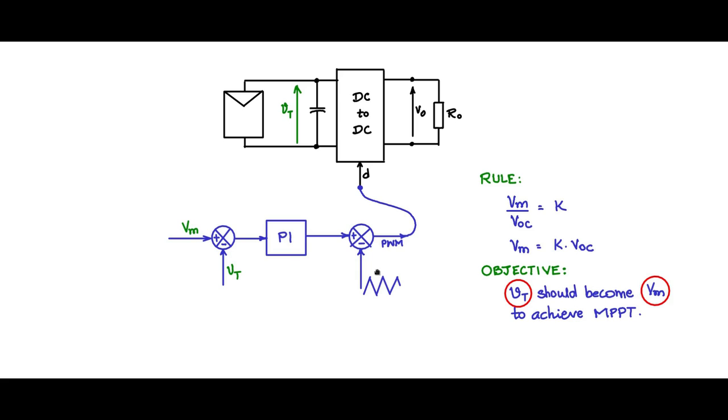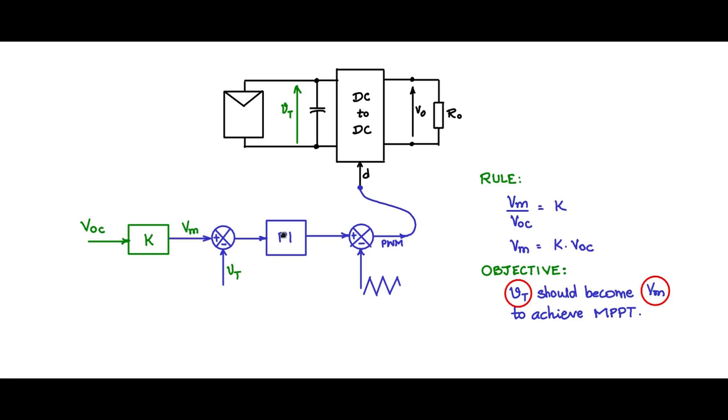We know how to get Vm because we know this rule. So we will add a block, let us say that is K, and then we will submit as an input VOC. So we provide VOC, gets multiplied, scaled by K, and you have Vm. This becomes the reference. This is your reference section. Vt, which is measured, gets compared with Vm.